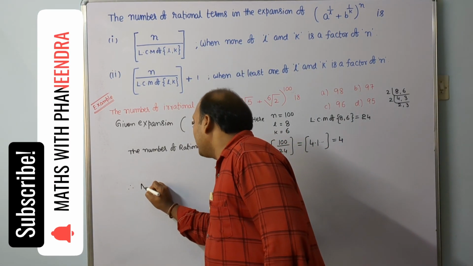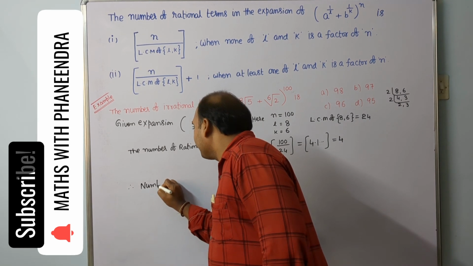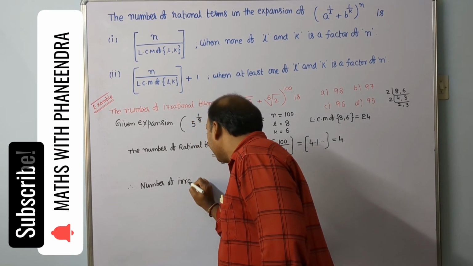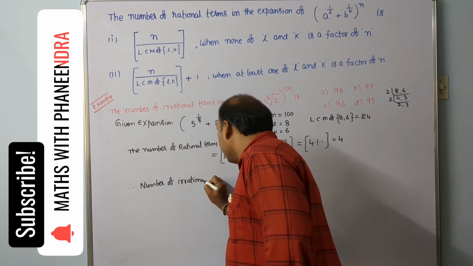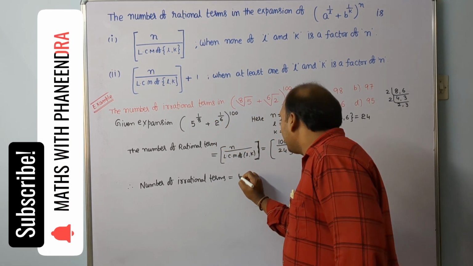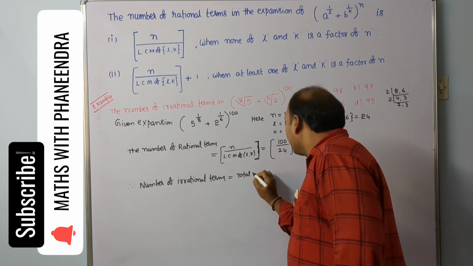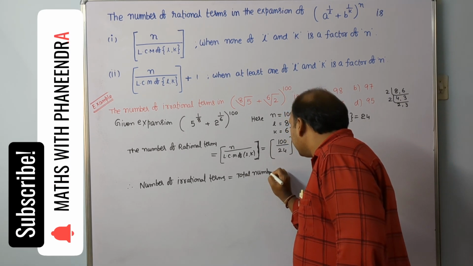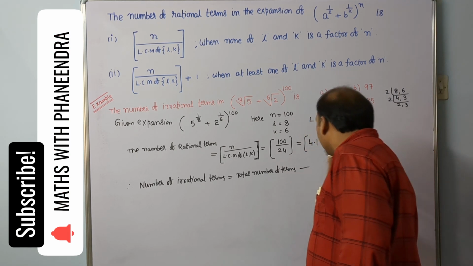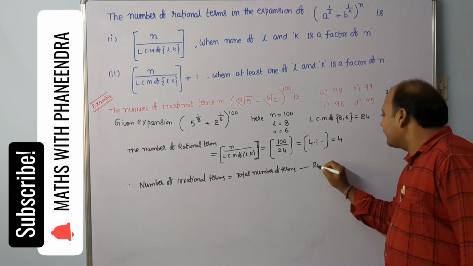Therefore, the number of irrational terms is equal to the total number of terms minus rational terms.